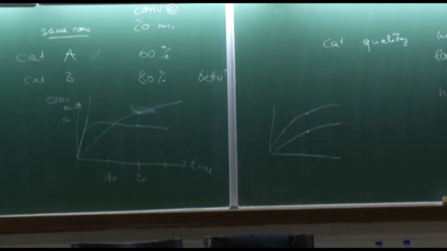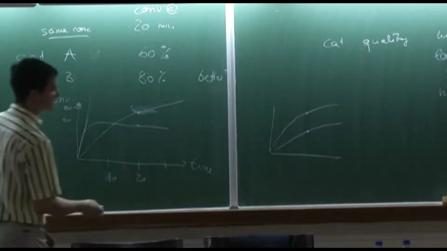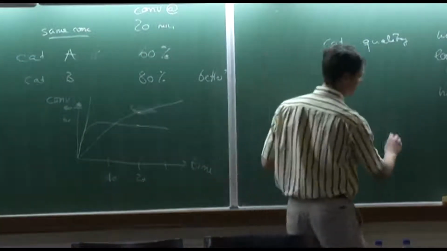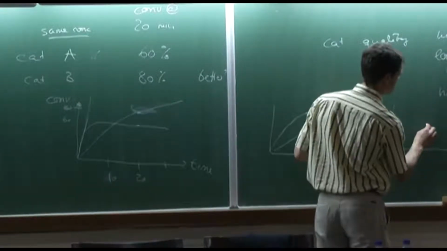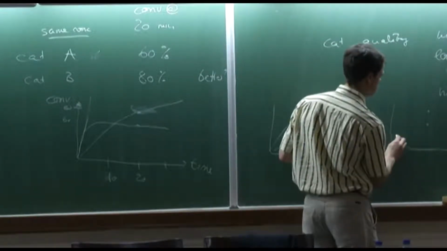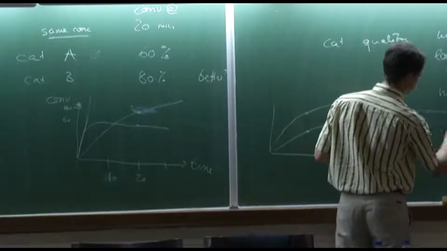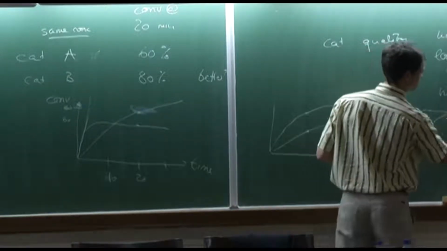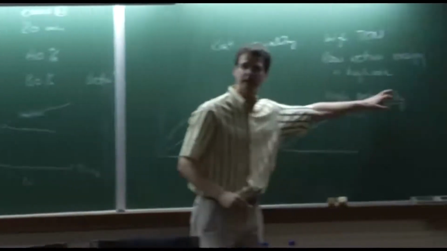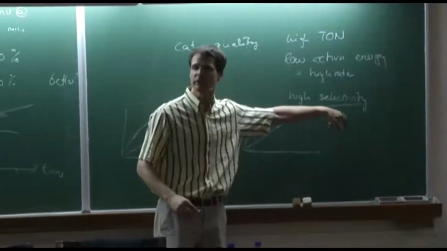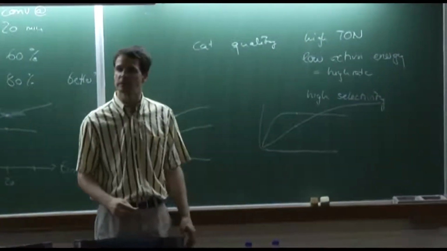And we can't even say something about the turnover numbers. We can say something about the turnover numbers at these 20 minutes. But because that's a single thing, we can as well think of it: in the end, this one goes to completion, this one somehow gets stuck and it's dead at 80%.